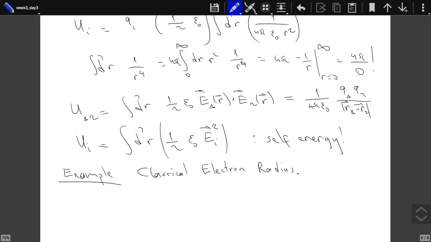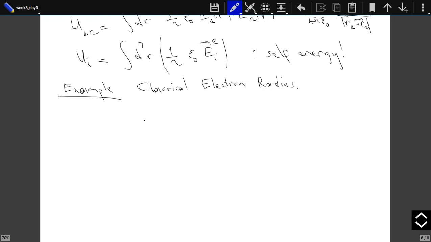So if you imagine an electron, it should not have infinite energy. So let's devise a model of the electron. Let's say that the electron is a sphere of radius r. The charge is uniformly distributed, let's say, just for simplicity, over the surface.